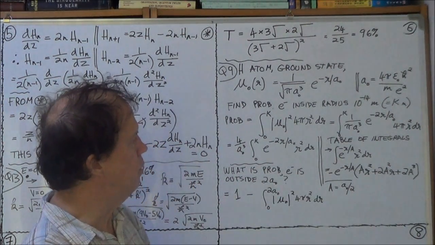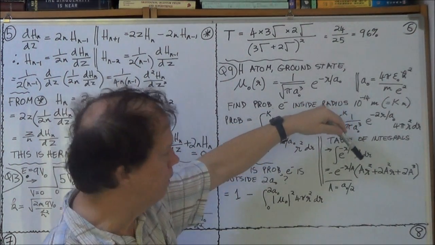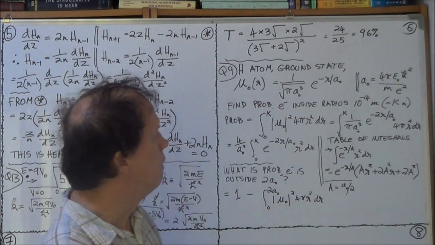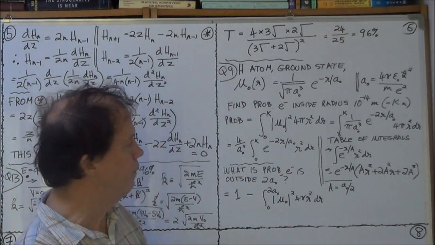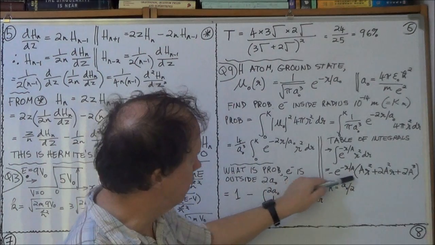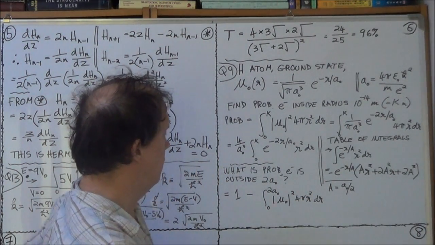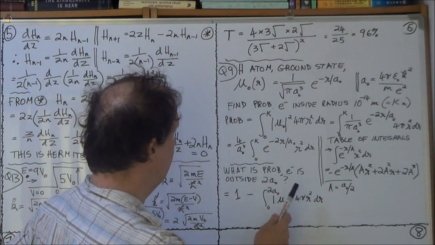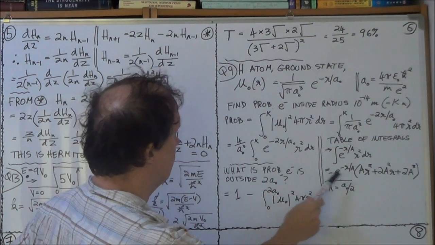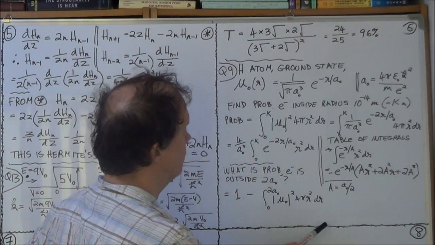Well, in more general form, they give you the general form for when this power here is n, but I've written it out here for when n is 2. Okay, so the indefinite integral here is of this form. So just use this indefinite integral, but between the two limits.